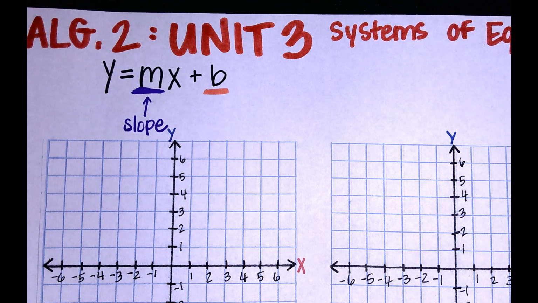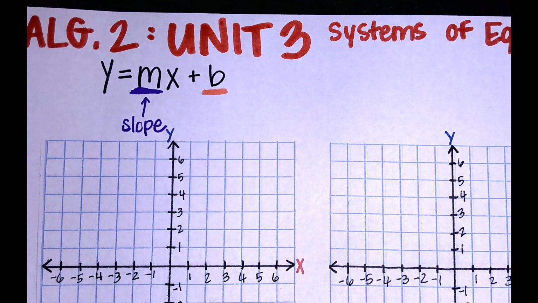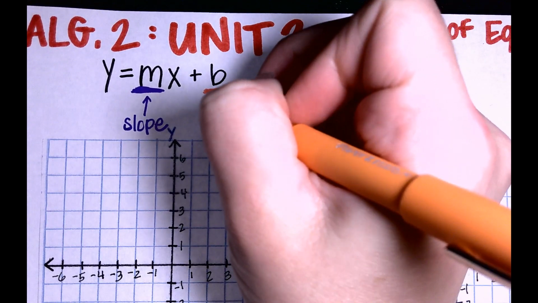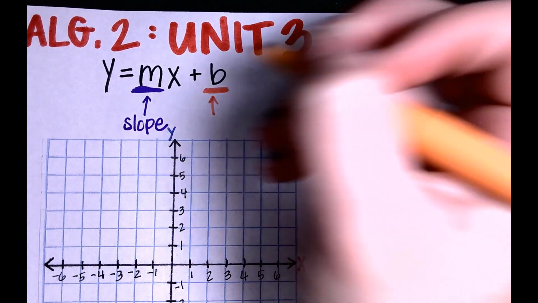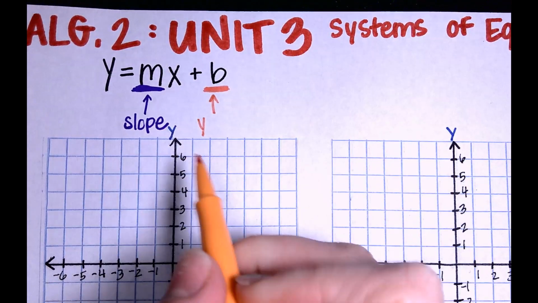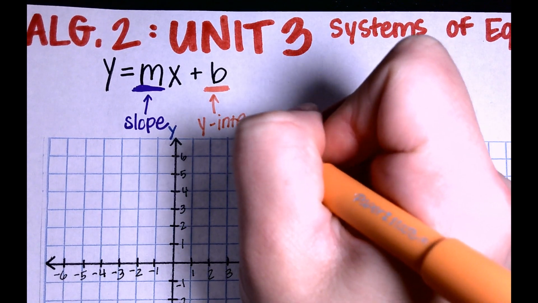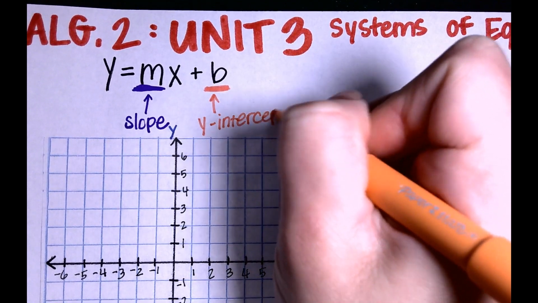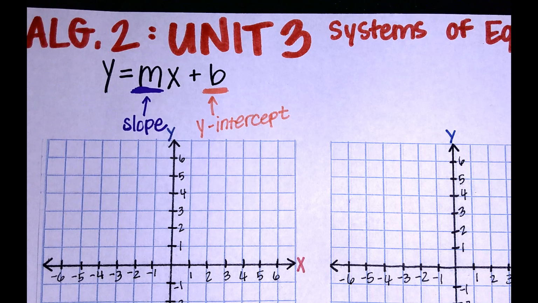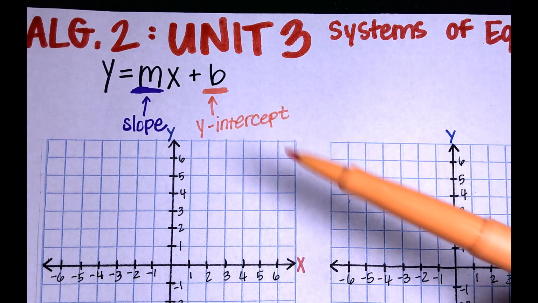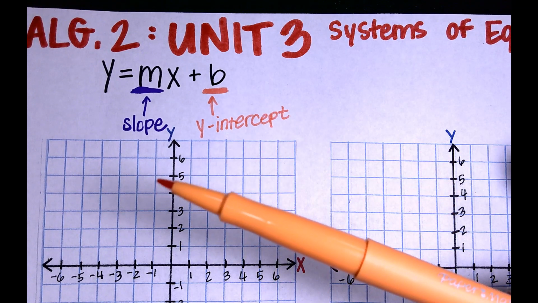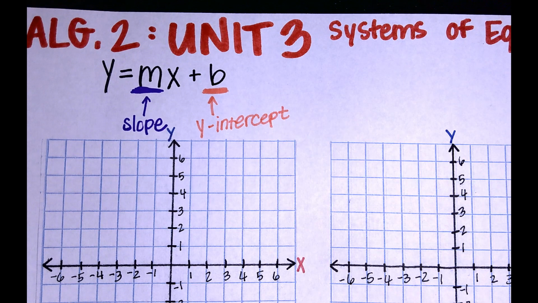And does anybody know what the B is? Y-intercept. Good. So we have a slope, we have a y-intercept.